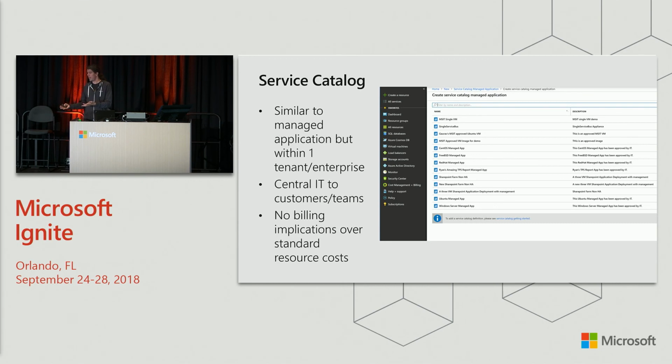And then on Service Catalog, this is a view in the portal where you can view the service catalogs that exist. These are all of the service catalogs that are available. They're creatable by you as the enterprise.